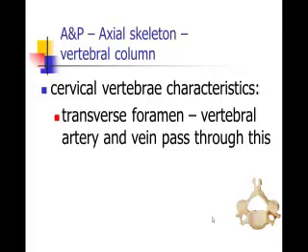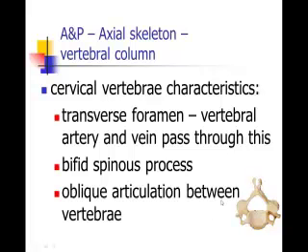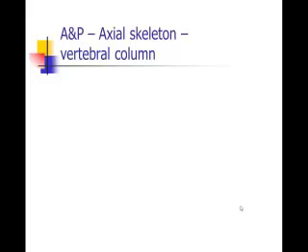Transverse foramen is where the vertebral artery and the vertebral vein pass through. Okay, it has a bifid spinous process, 2 feet, right? And the articulations between the vertebrae are oblique.